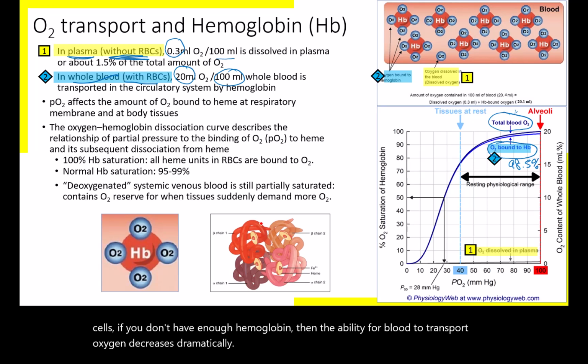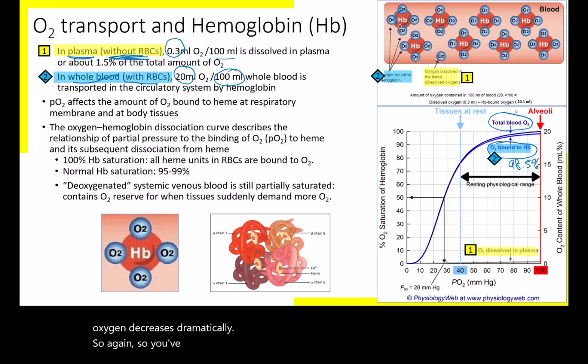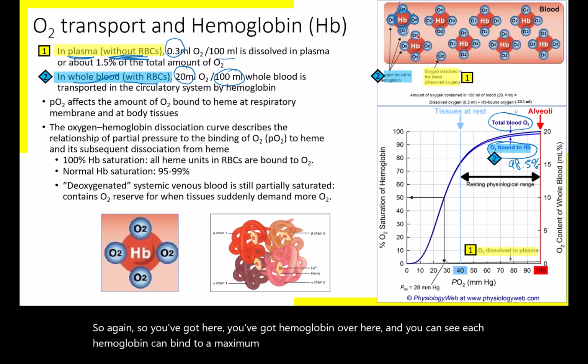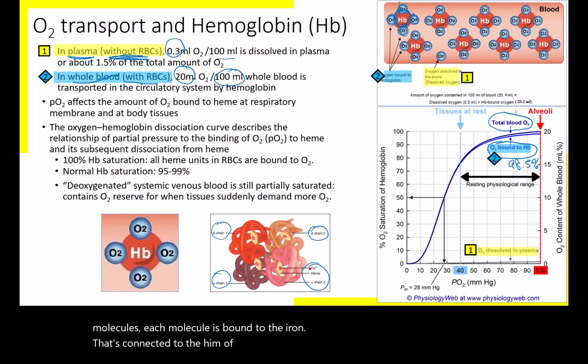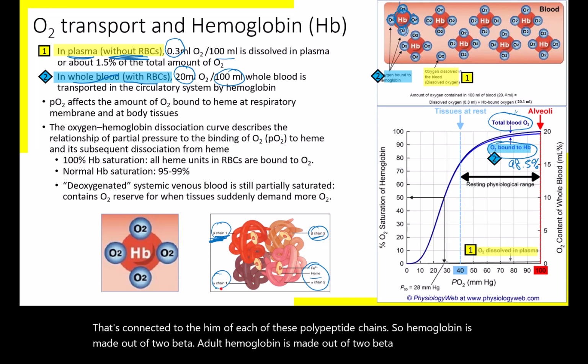So again, you've got hemoglobin over here, and each hemoglobin can bind to a maximum of 4 oxygen molecules. Each oxygen molecule is bound to the iron that's connected to the heme of each of these polypeptide chains. Adult hemoglobin is made out of 2 beta chains and 2 alpha chains.